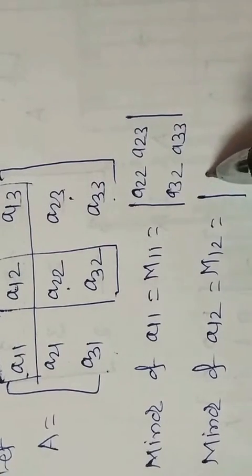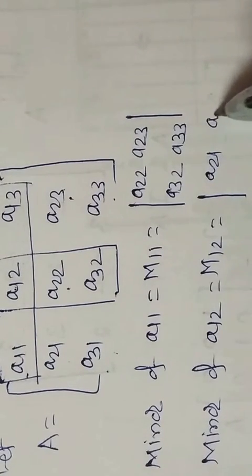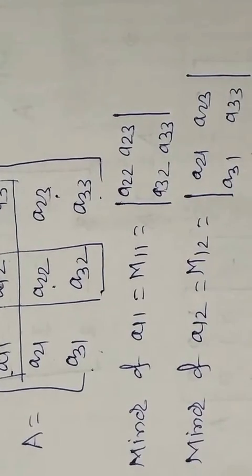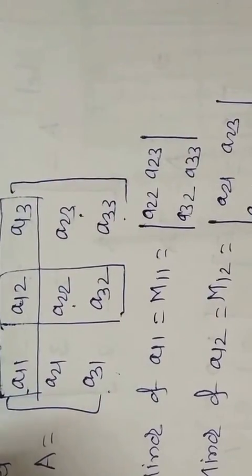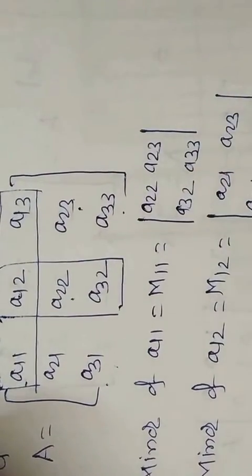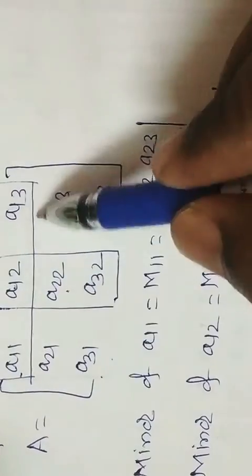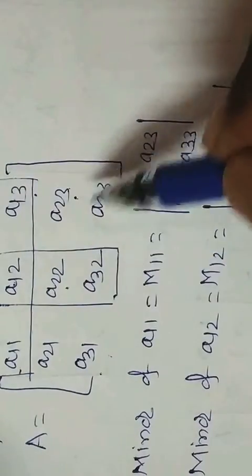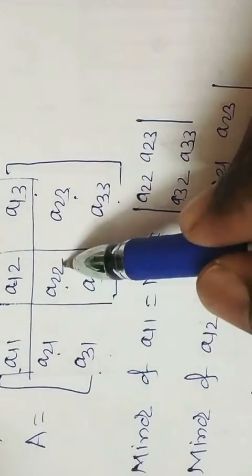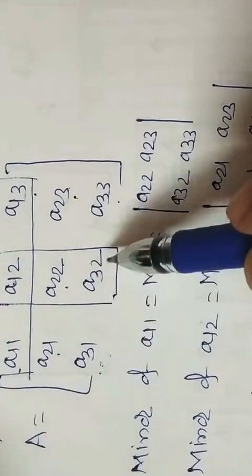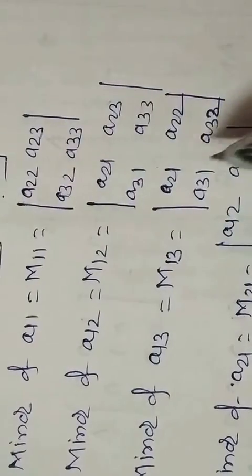Similarly for A13, eliminating its row and column, what remains? A21, A22, A31, A32.